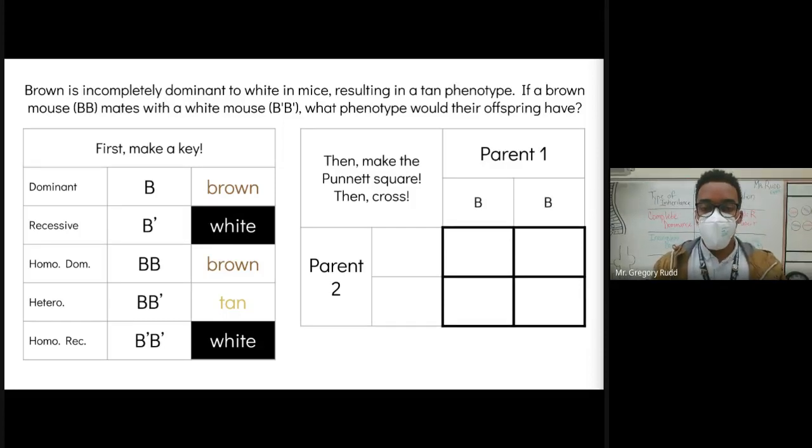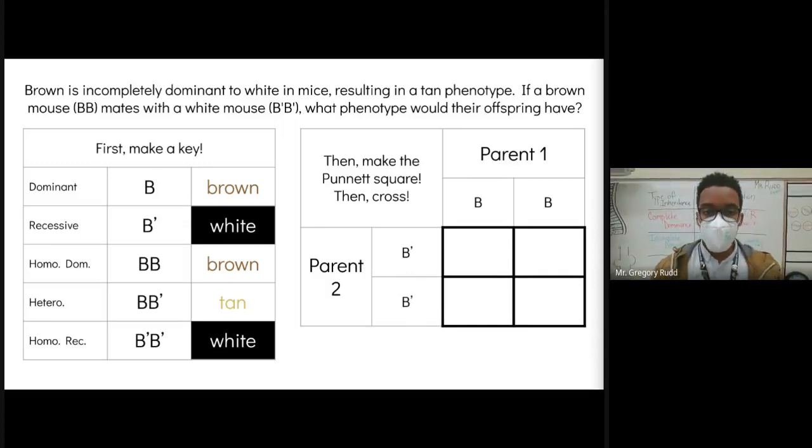We put those two alleles on top of the Punnett square. We split them up. One B goes over column one, the second B goes over column two. Then we split up parent two's genotype, B prime, B prime. One B prime goes to the left of row one, and one B prime goes to the left of row two.